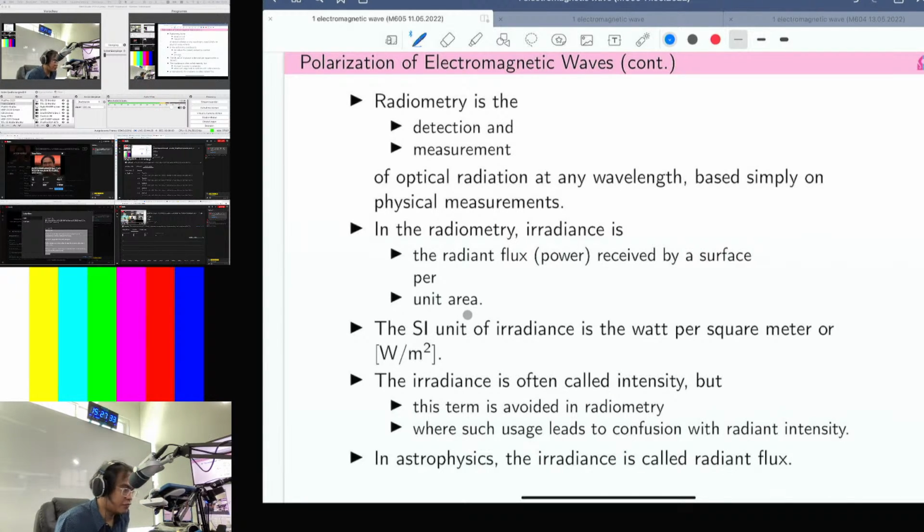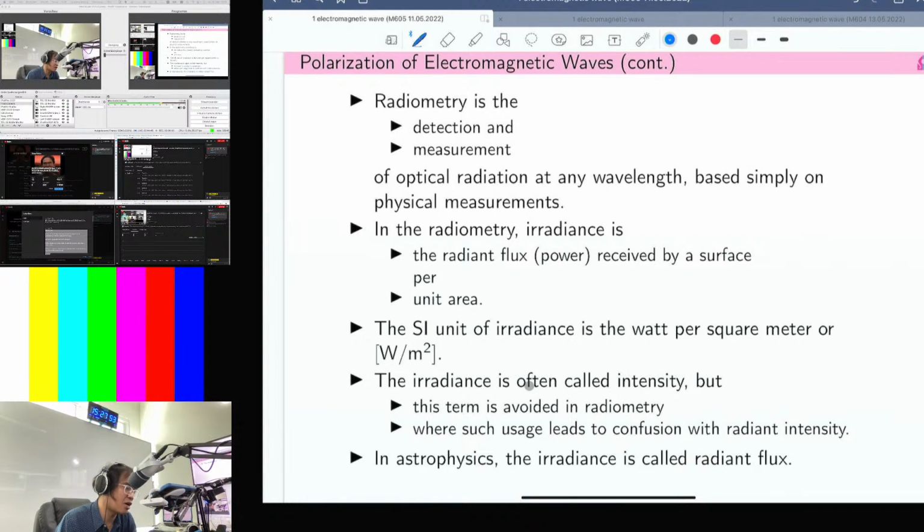So the unit for irradiance is watt per square meter. As you have seen, you can imagine that this looks like intensity, right?